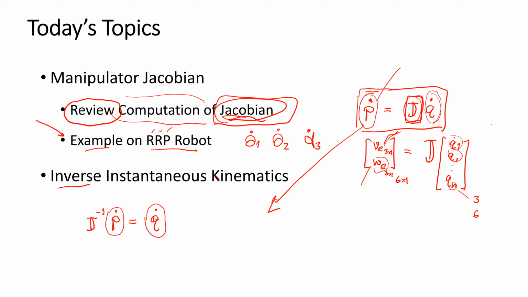If we have our desired endpoint velocity, what should be the joint speed, the speed of the motor, of the prismatic, of the revolute that drives the joint? What should be the speed at the joint so that we can have the endpoint speed that we want?